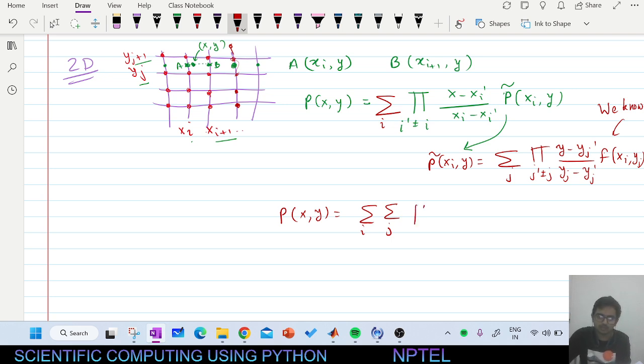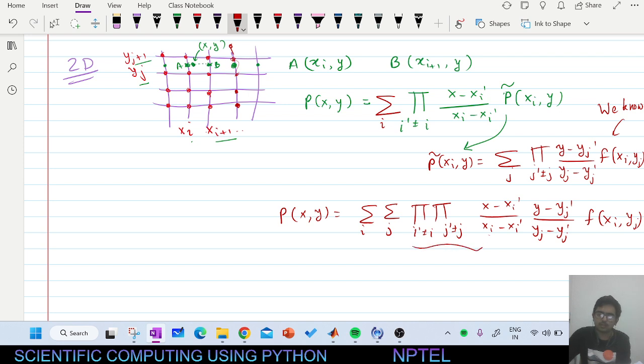So we can just write it like this: product over i prime not equal to i, j prime not equal to j, and then you have x minus xi prime over xi minus xi prime, and this term y minus yj prime over yj minus yj prime, and all these are coefficients of f at xi, yj.